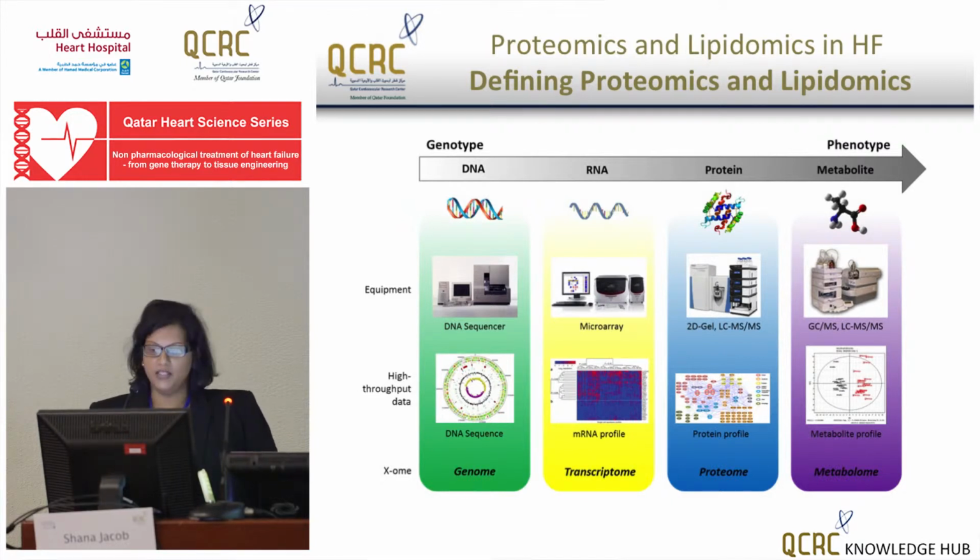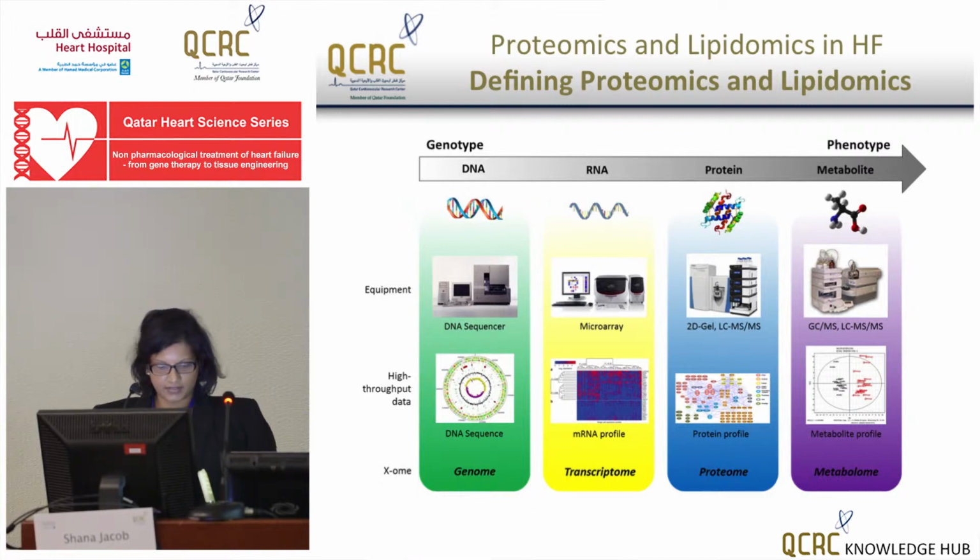Proteomics studies the proteome, which is all proteins expressed by an organism, and to study the proteome, we use chromatographic equipment such as liquid chromatography, mass spectrometry, as well as 2D gel electrophoresis systems. The results are shown as protein profiles, where we can look at up and down regulated proteins and compare between different experimental conditions.